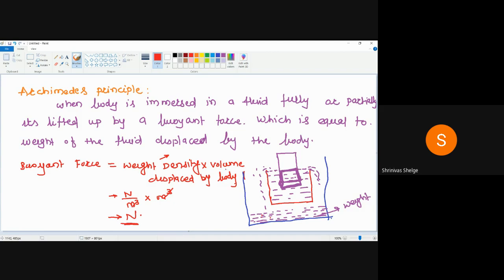Have you got my question? Yes, volume displaced by the body. So here what we want is the volume of the fluid which gets displaced. So how to measure or find out this volume?